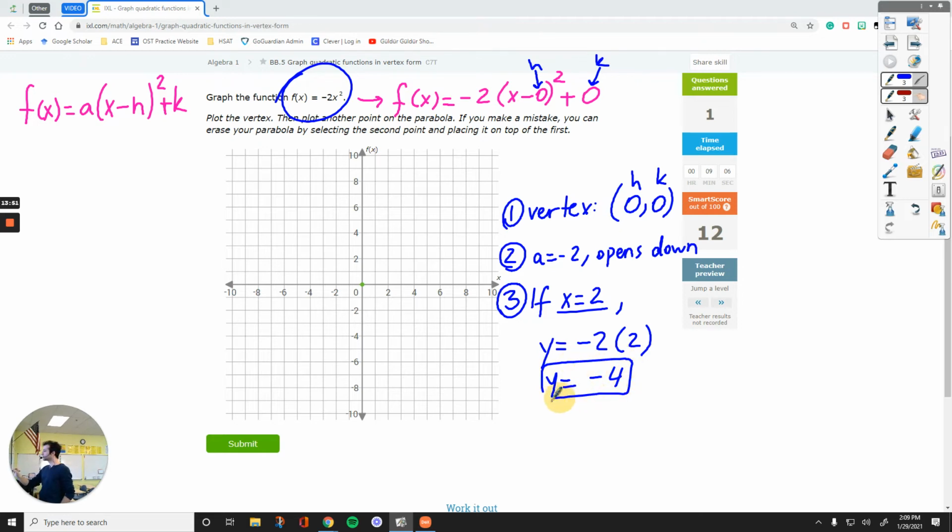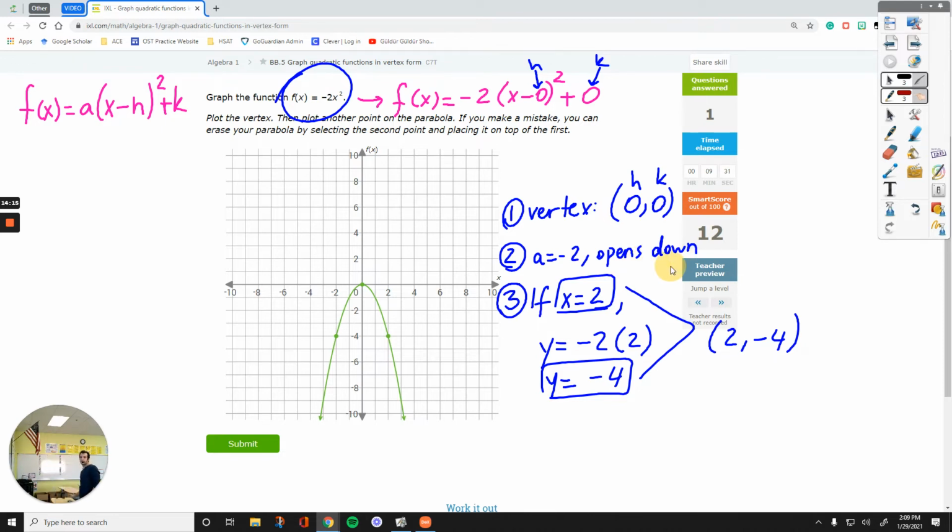So if x equals 2, y is -4. That's just another point on the graph. So over 2, down 4 is going to give me a graph that opens down, as you see over here. So that should be my answer.